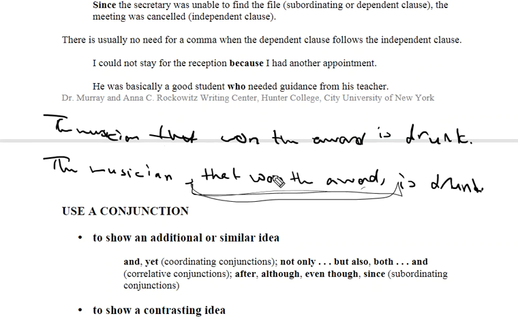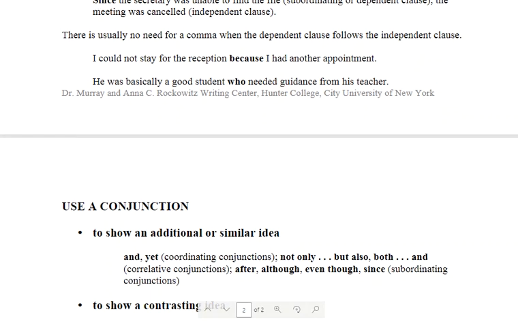We don't need to know that he's the one who won the award, but it's just extra to give more insight for the reader. So in this case, we put it between two commas and then we carry on. But if it's essential, like we need to use it to describe the musician that won the award, to identify what type of musician we're talking about, what person we are referring to, then we do not put a comma. That's for that.